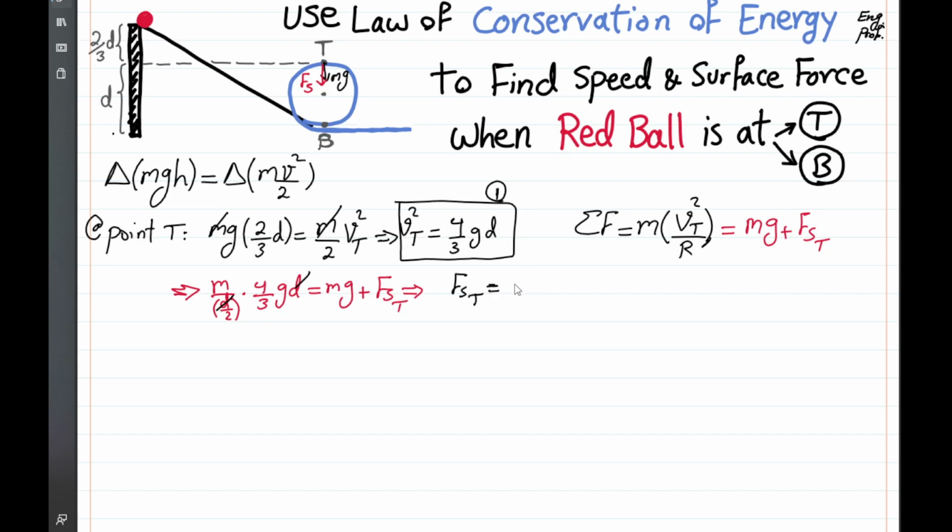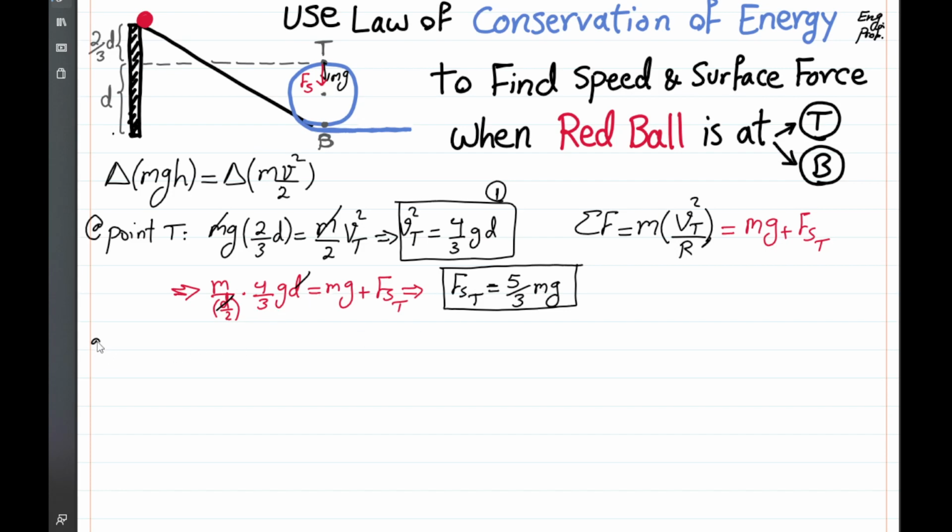So it becomes 5/3 mg. That is what we get here, because as you saw, we have 8/3 that shows up here, and then minus mg that gives us 5/3 mg.